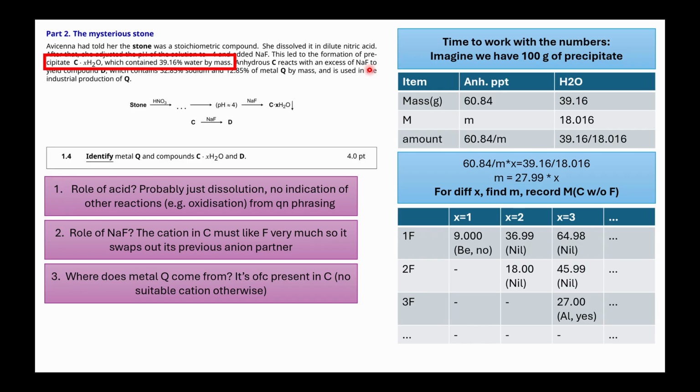So let's calculate for the case of x equals 1. So small m will be 27.99. And because we have 1 fluorine here, we're going to minus 19.00 from 27.99, and that will give you 9, which is quite close to beryllium's molar mass, but that's not going to be the case because what is BeF?